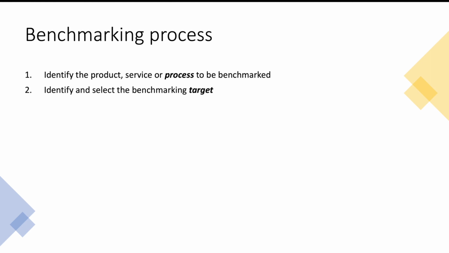Come to the second point. What is the second point? Identify and select the benchmarking target. There should be a target. What we have to do is identify which external or internal benchmark can be used. It might be competitors as a target, internal benchmarks, or standards.